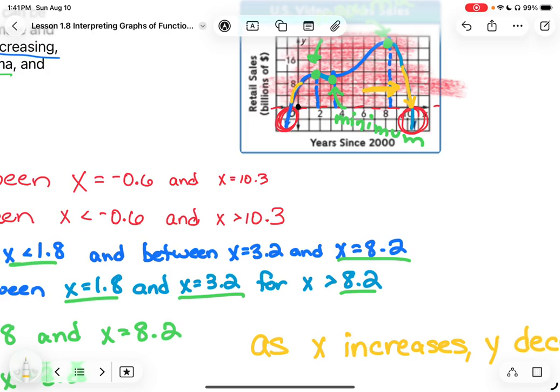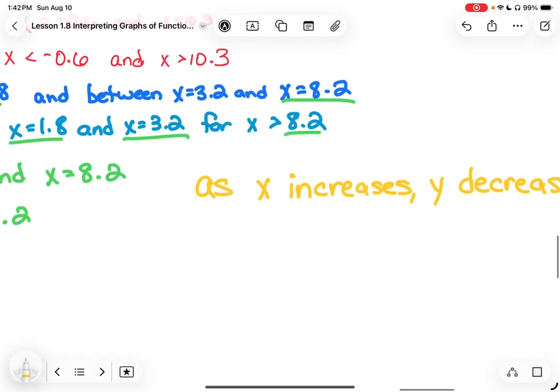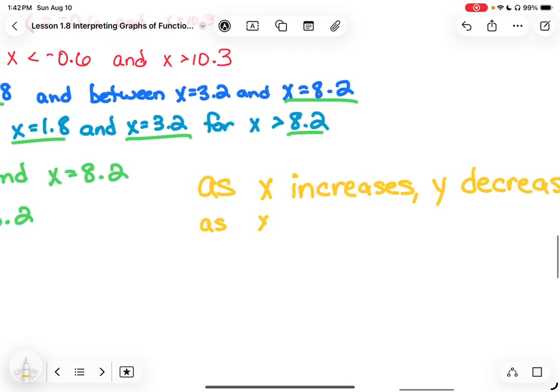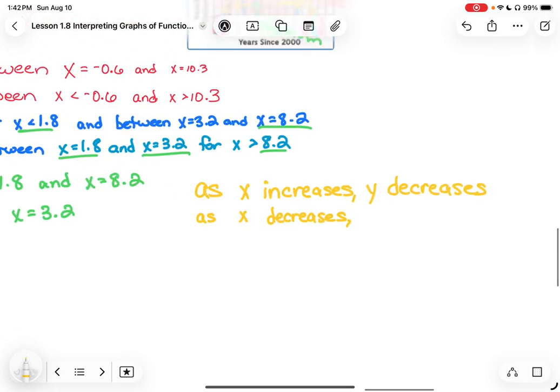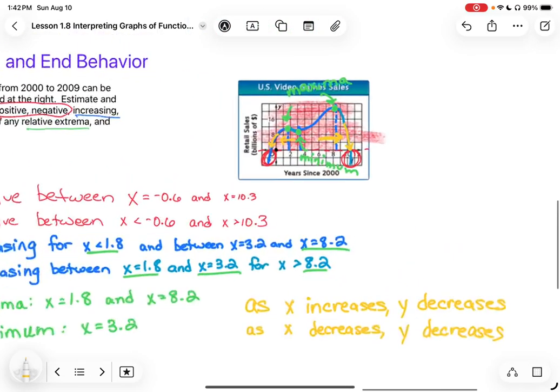As I go in the other direction, meaning as x decreases, the graph is also going down. If I move to the left, the graph also goes down. So as x decreases, y decreases.